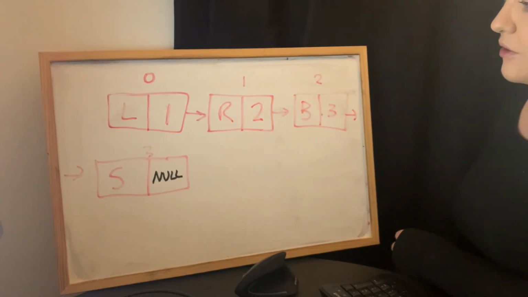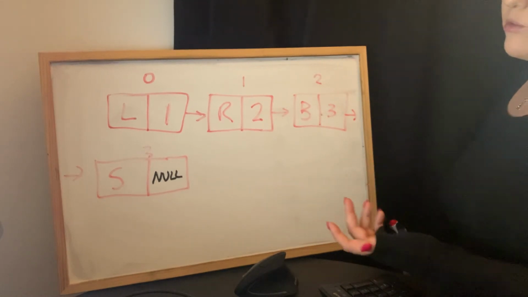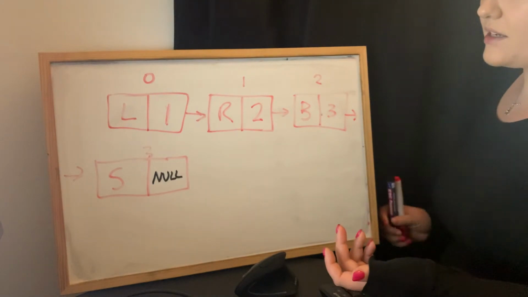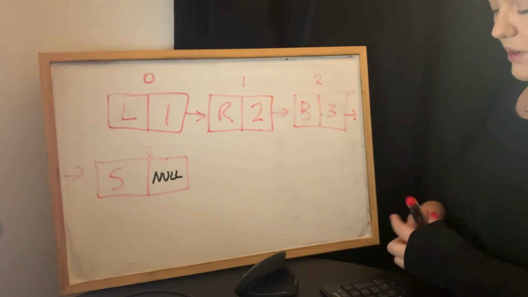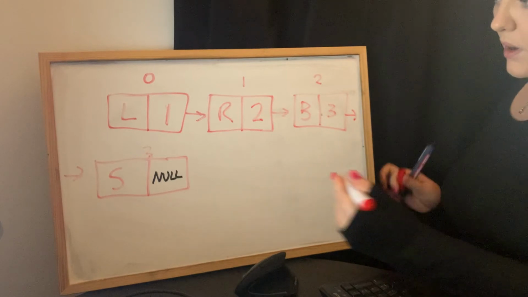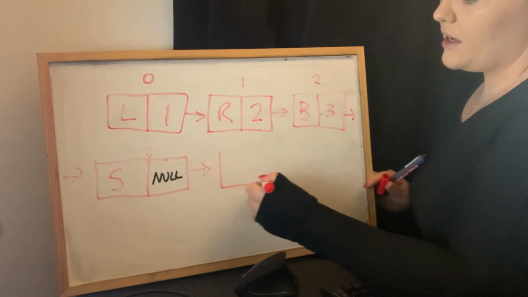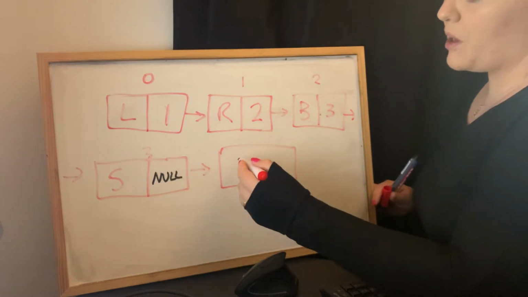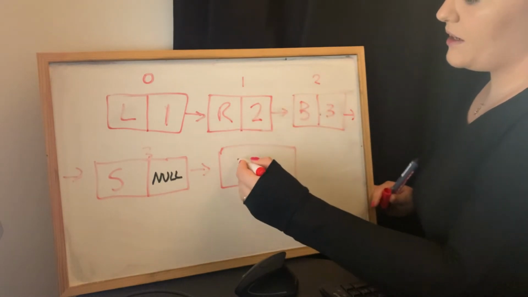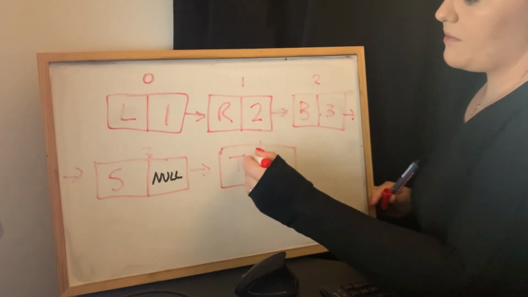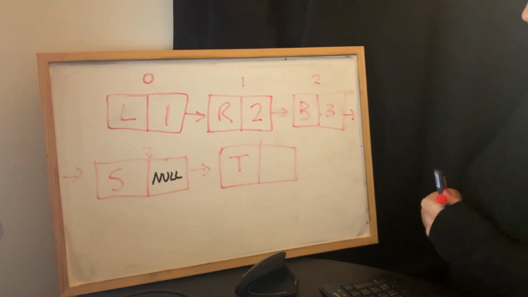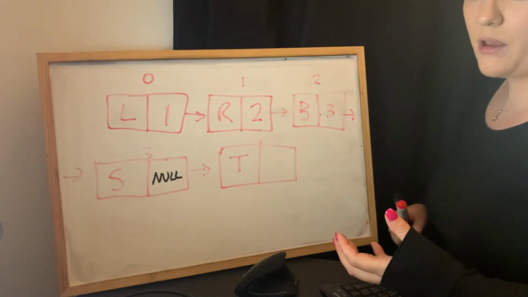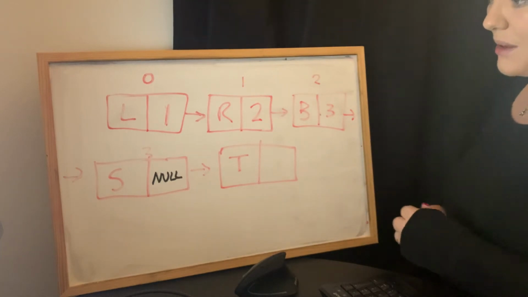Most people did pretty well on the question around removing Birmingham and adding York. So if we say remove R and add the letter T instead, there are two different ways this can be done. The first way is that we just add T to the end, because we might not have deleted Birmingham first. We don't even have to delete Birmingham, we can use the pointers to skip over it.